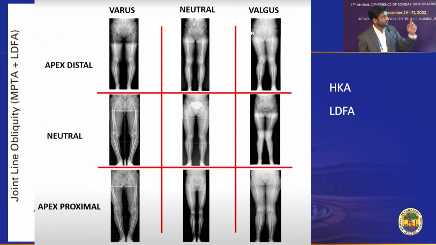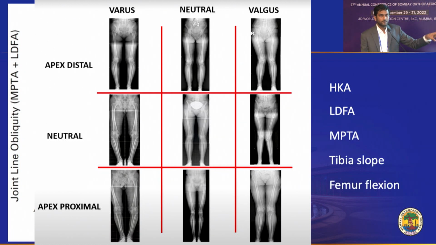So what we measured was HKA, LDFA, MPTA, tibia slope, femur flexion, all of this before surgery. Then do the knee replacement, see it on the robotic platform screen before the end of surgery what we've achieved, and then do the post-op scanograms and check what we've achieved, is the robot actually getting there?